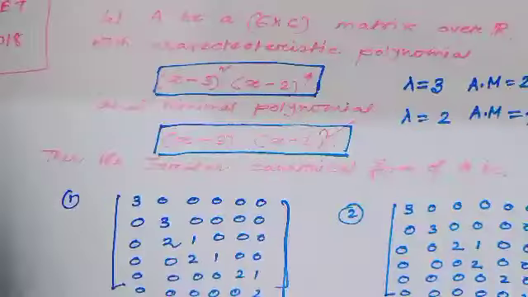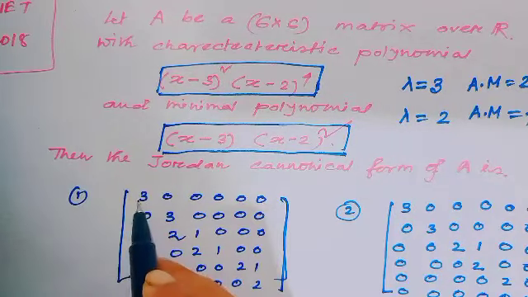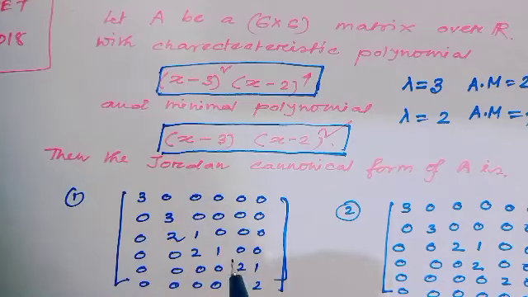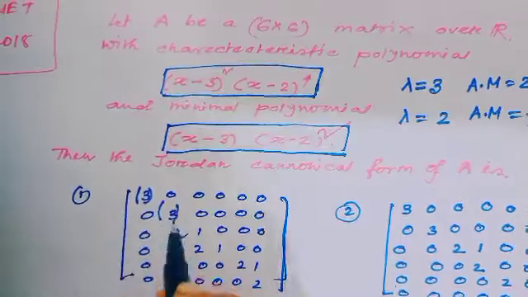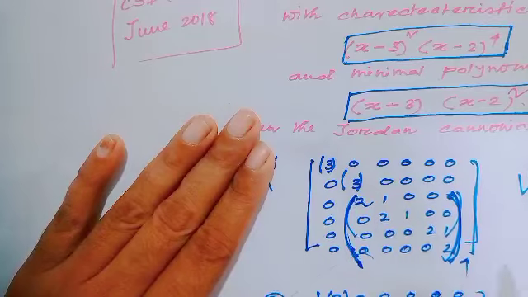The Jordan canonical form of A is, since here the algebraic multiplicity of 3 is 2, but the highest possible Jordan block is 1, that means this option is possible. And here notice the order of the Jordan block for lambda equal to 2 is 4.